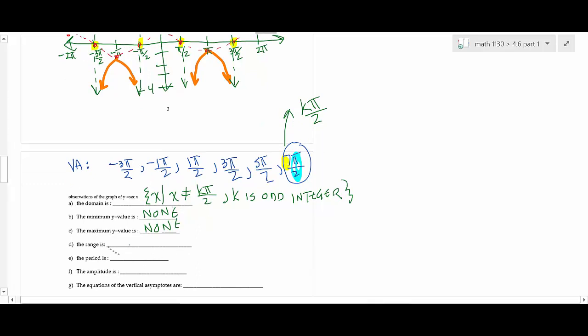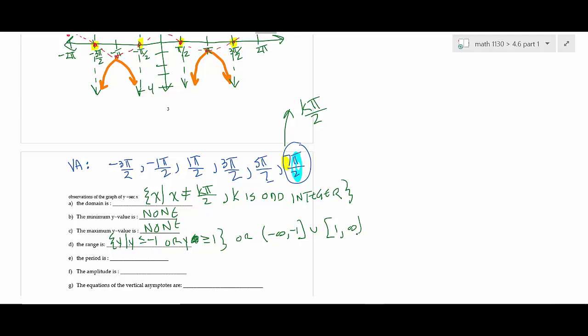So you could write the range as set of y is less than or equal to -1, or y is greater than or equal to 1. Or you could just do interval notation and say negative infinity to negative 1 with a bracket, union, bracket 1 infinity. Again, there's a gap between those U-shapes based on what the cosine is. So that's the range.